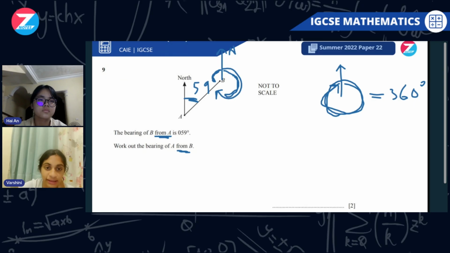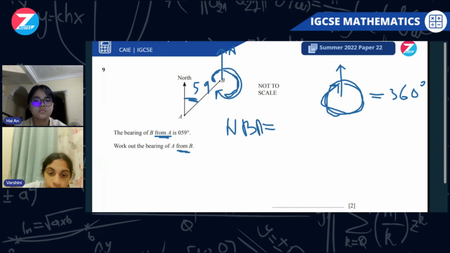Now to get this angle, which let's write as NBA, first of all, let's extend this line over here. And we know that angles in a straight line are always 180 degrees. And therefore, this angle over here must be 180 minus 59, which is going to be 121.